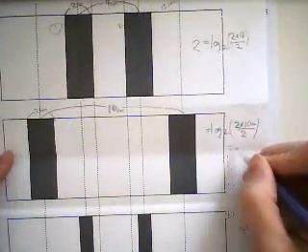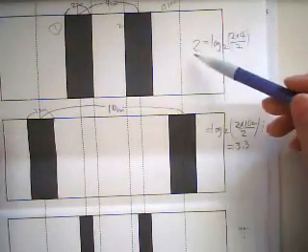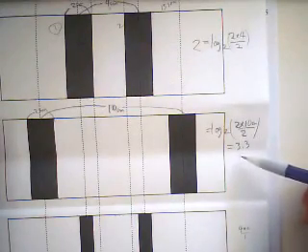So this one was 3.3. You can see 3.3 is bigger than 2, which means it will take a greater movement time.